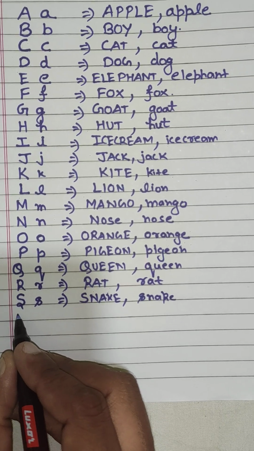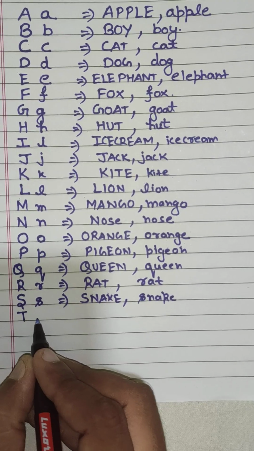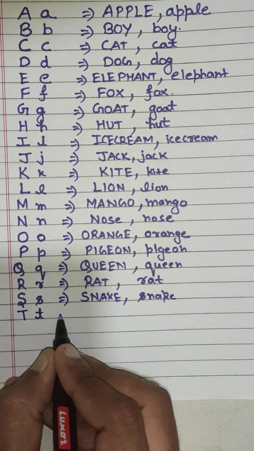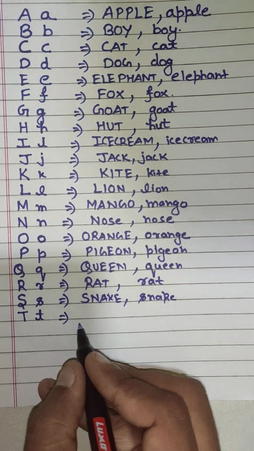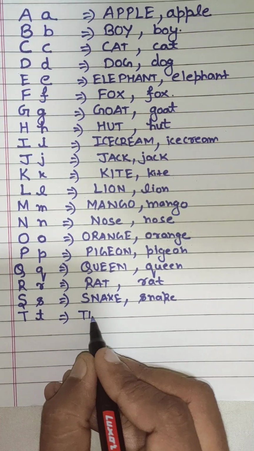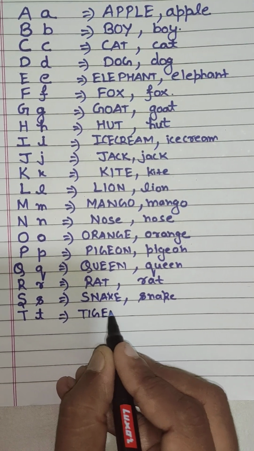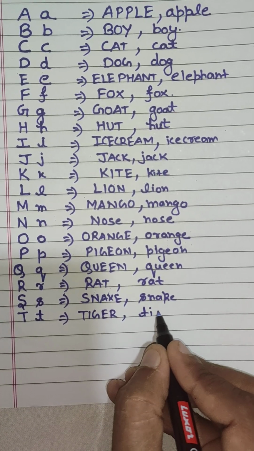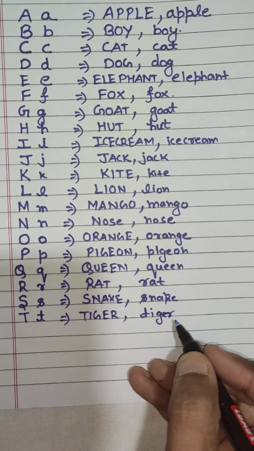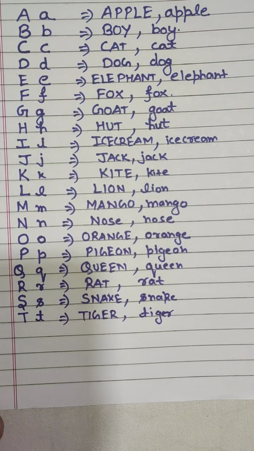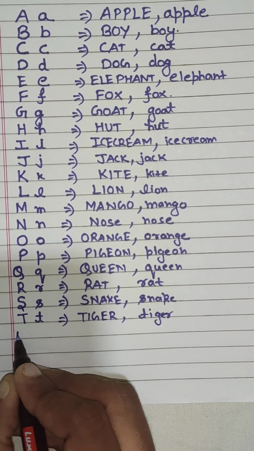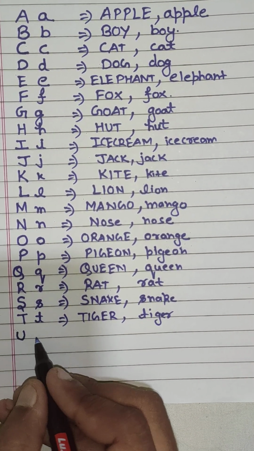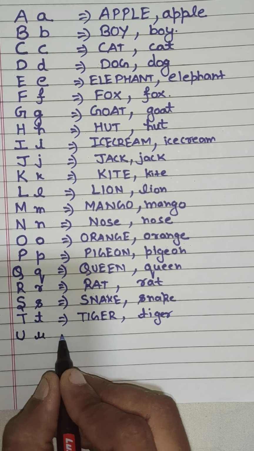Then for T in uppercase, and in lowercase we will write t, and it will be T for tiger. Tiger. And again it's capital U, and small u.